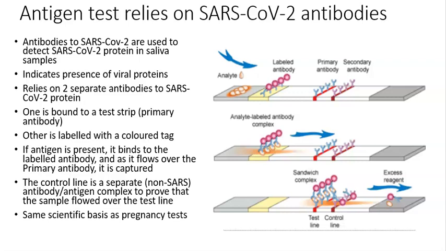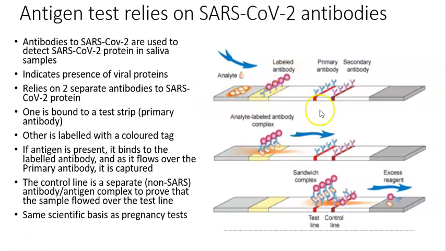So we've injected the rabbit with SARS-CoV-2 protein, it's created an immune response, we've bled that rabbit, extracted the anti-SARS-CoV-2 antibodies from it, specifically just those antibodies, and then we can label those antibodies with some sort of coloured marker, sometimes fluorescence, sometimes an enzyme, but in this case just a very strongly coloured chemical. And that chemical is quite often what we call colloidal gold, but it can be one of lots of different things. But it's just an antibody with a coloured tag on it.